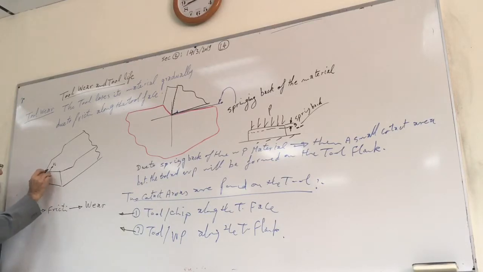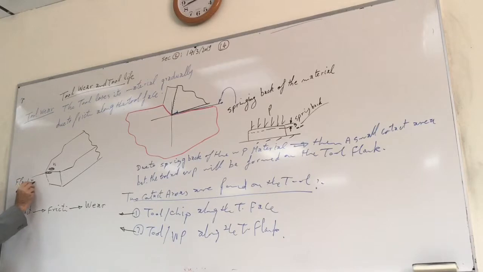Therefore, I expect also another contact here. Two parts of wear, one here and one a little bit away here. This wear on the tool face, that wear on the tool flank due to the workpiece. This one is called flank tool wear.